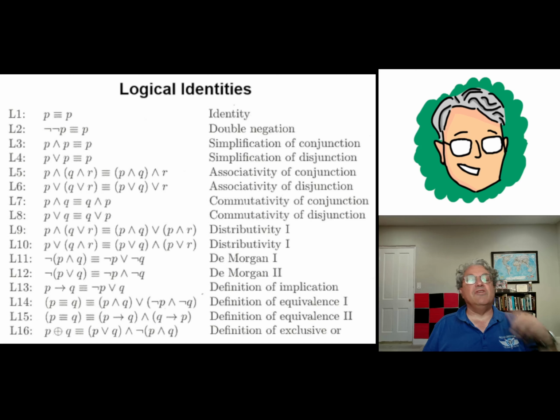And the next one, I might have gone over these next two last time, but P and P is equivalent to P. I mean, saying a statement twice. So, like, I'm in my office and I'm in my office. You haven't conveyed any extra information with the second statement. So, you're really just saying I'm in my office.